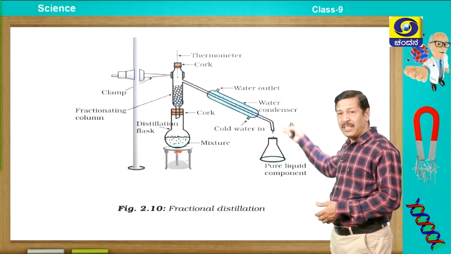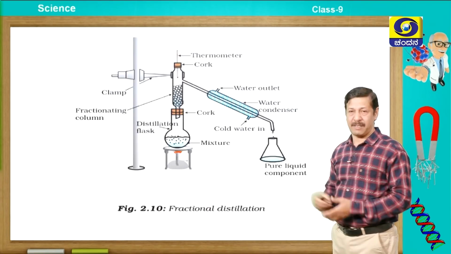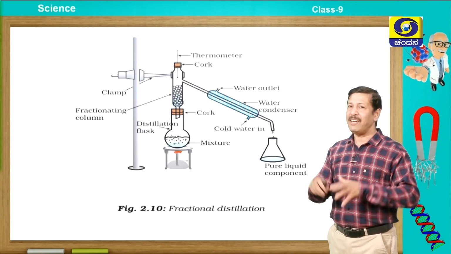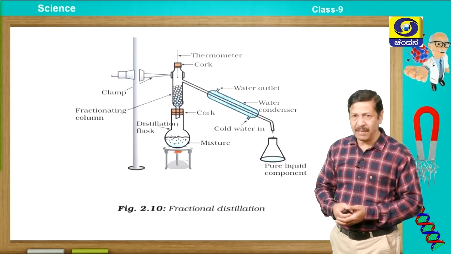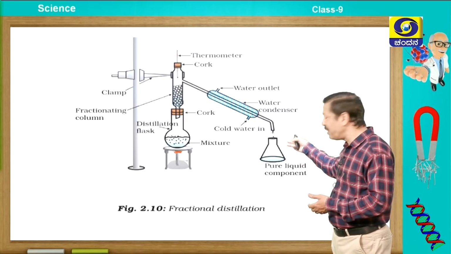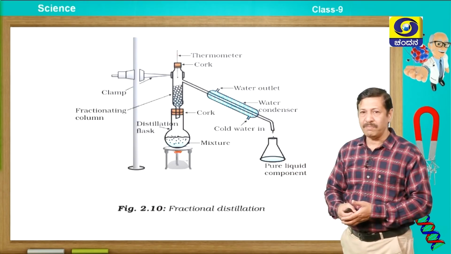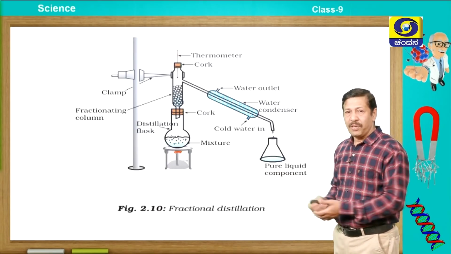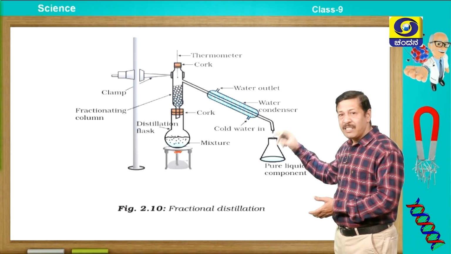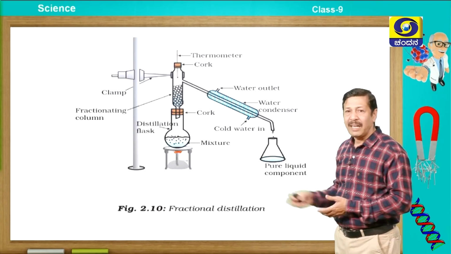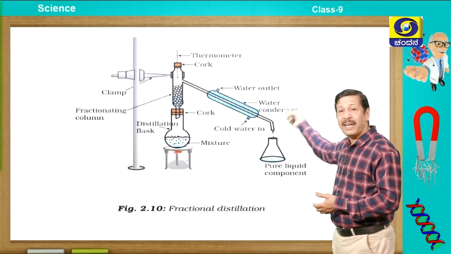Just now you saw the picture of this fractionating column which is fitted to the distillation flask, right. Here we are using glass beads as another kind of fractionating column. There are different types of columns. Here the distillation flask is connected to a fractionating column, and then it is connected to a condenser.